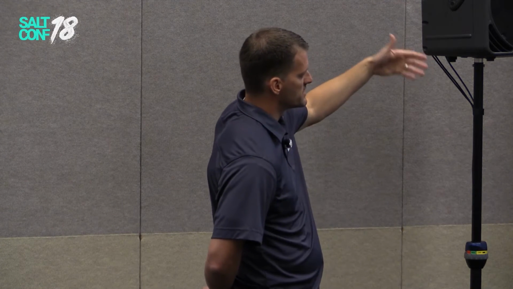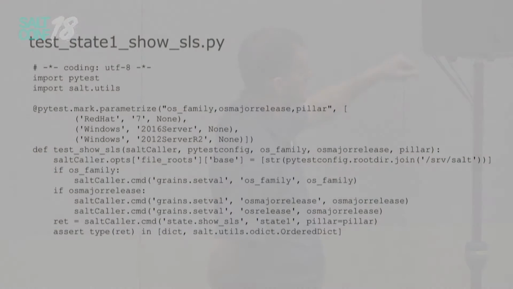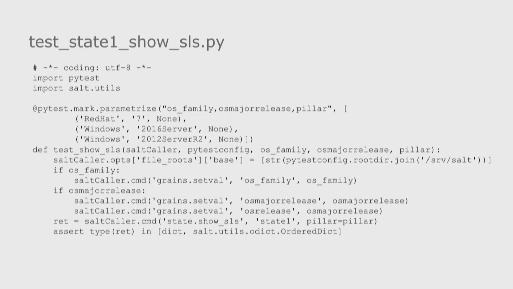So then the test just sets up the minion object, sets the grains to those particular OS versions that we're passing in, and then it just runs show_sls, pretty simple, and compares the output to make sure that it's a dict or an OrderedDict. I believe 2016.3 and before returned a dict, and all the newer ones return a salt.utils.odict OrderedDict.